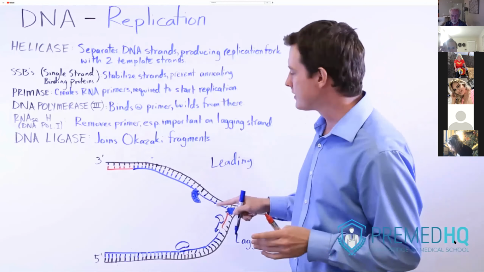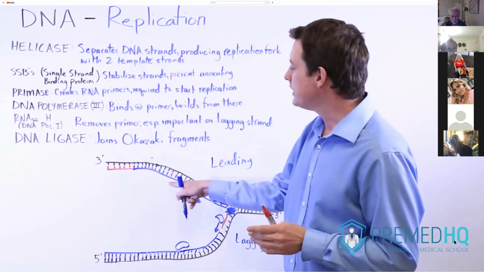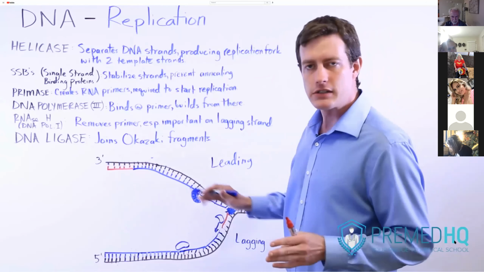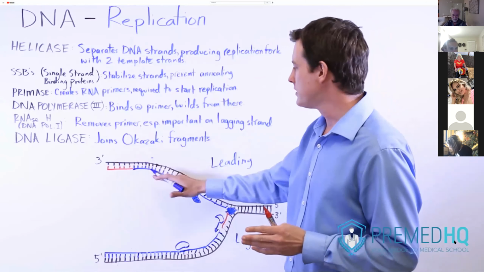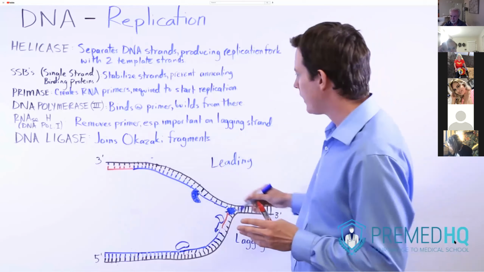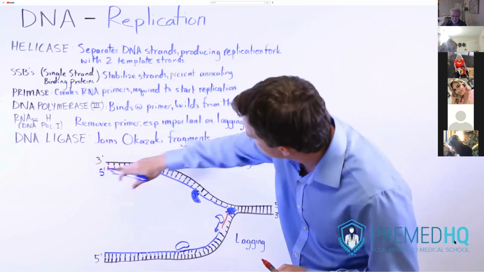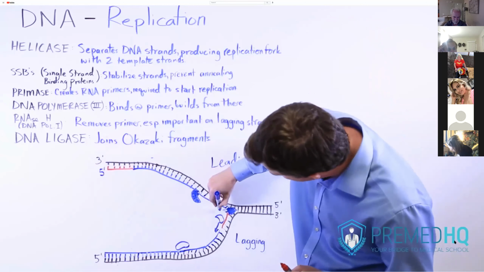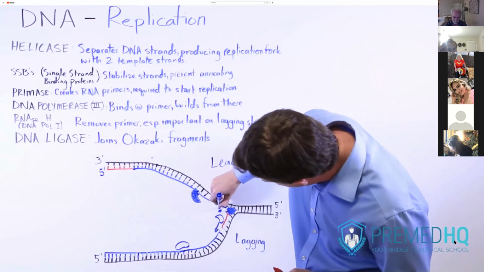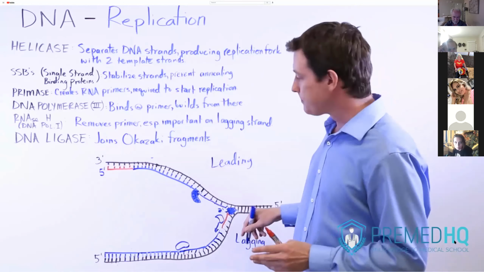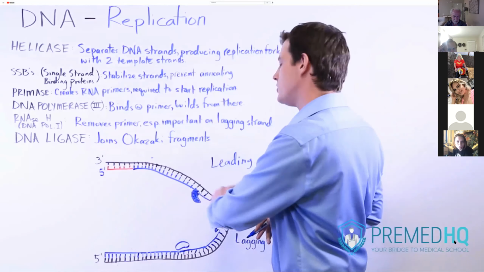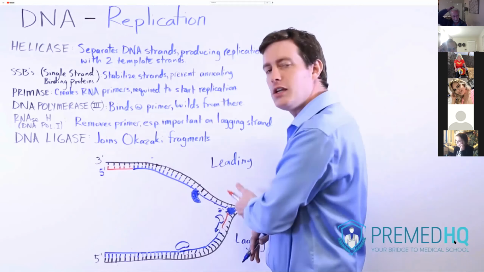What that means is that the synthesis of the leading strand is continuous. It just keeps going. The polymerase can continue to move, producing this new strand starting over here with the 5' end and going over to the 3' end here. It can continue to do this. And so it's continuous there.